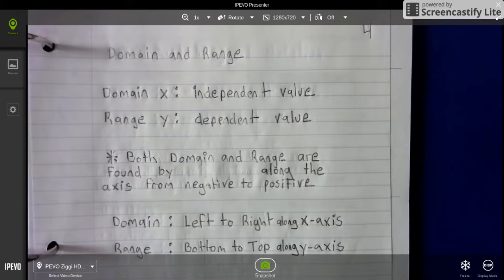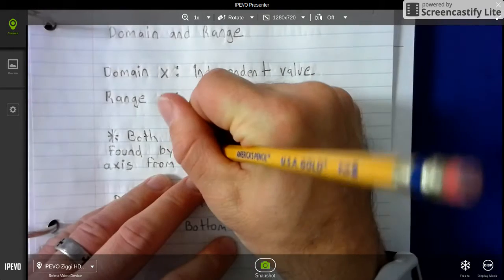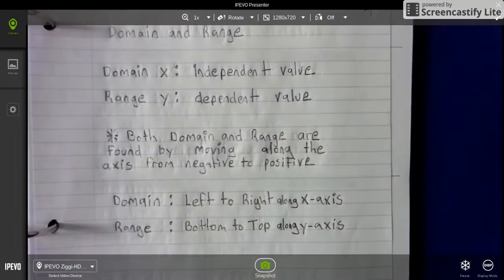All right, so domain is X and it's the independent value. Range is Y and it's the dependent value. Both domain and range are found by moving. Now that's the correct word. That's a good word. Moving is a good word. Moving along the axis from negative to positive.